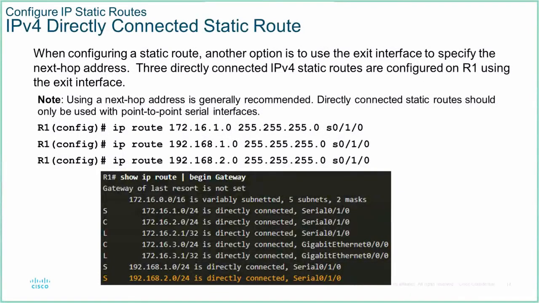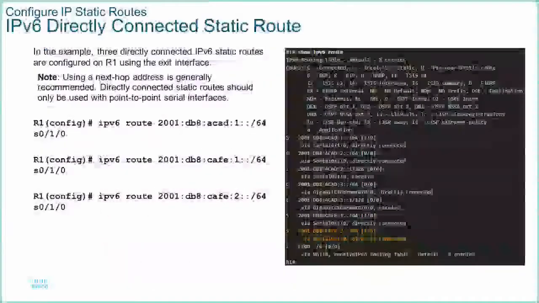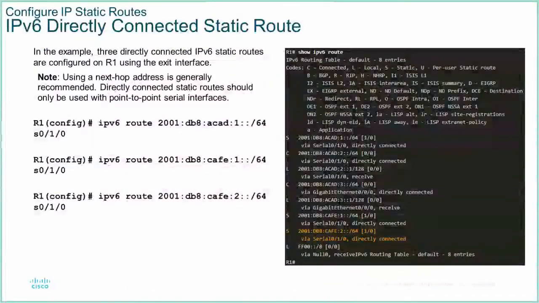Next, we'll be looking at the command for using the exit interface. So as you can see here, we generally just use the same structure, but we're specifying the exit interface. Same with IPv6.